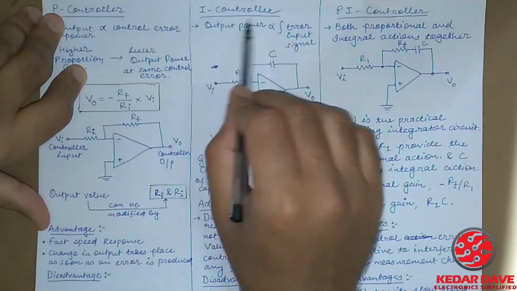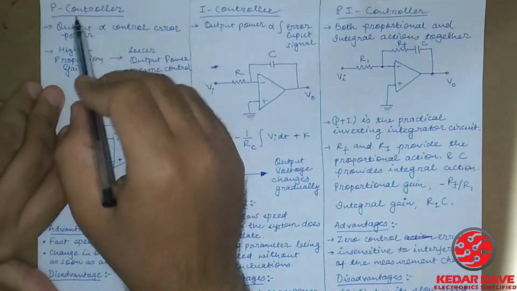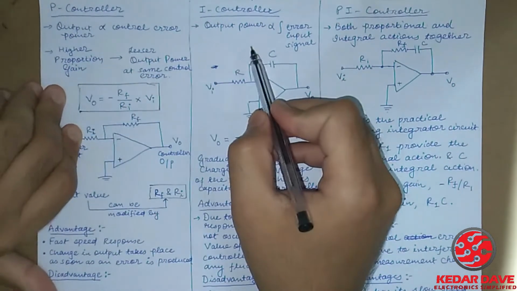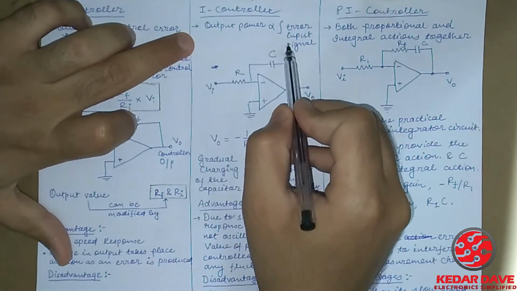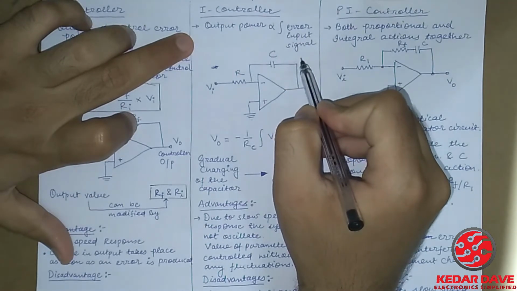After that, the I controller, that is our integral controller, and this one was our P controller. The I controller is one where the output power is directly proportional to the integral of the error input signal.